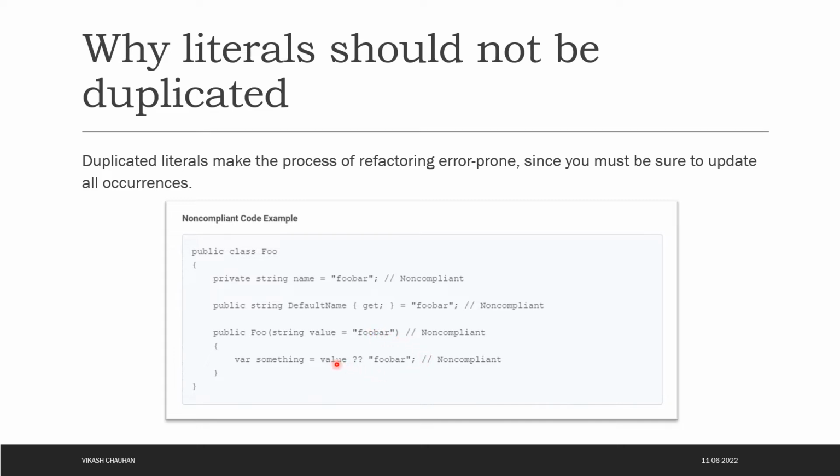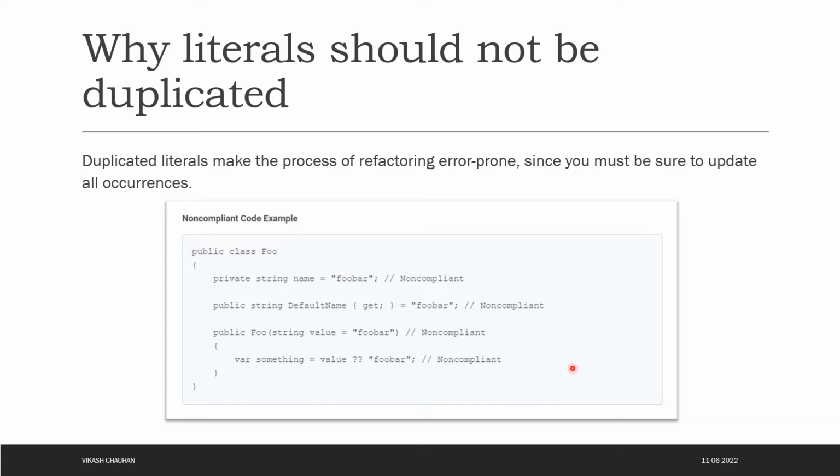Same in the case when the value is null, then we are returning foo bar as a default value and assigning it to the something variable. So this is not good. Now the same value is used at 4 places.